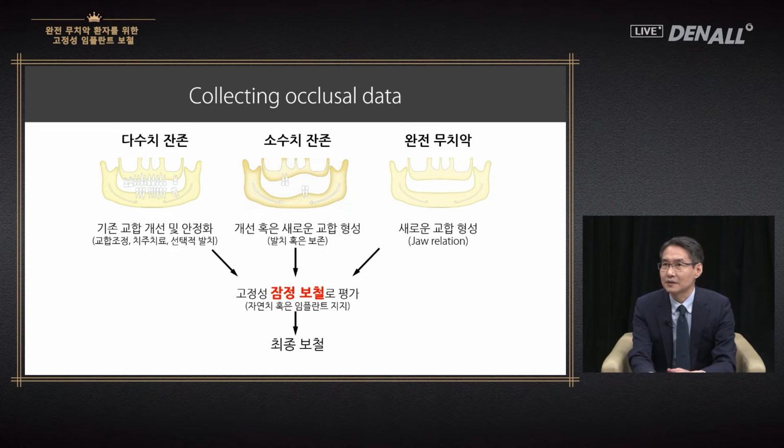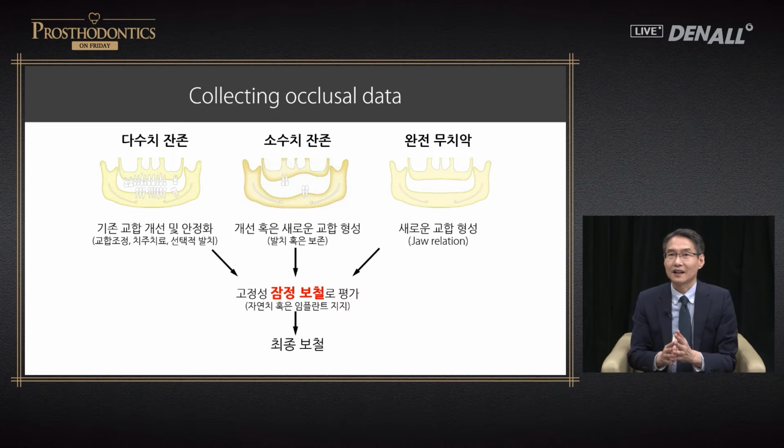If you come across an edentulous patient or borderline patients, you can divide the occlusion into 3 different categories. If there are multiple residual teeth and if the teeth can stably manage the occlusion and vertical dimension and centric position, you can maintain or slightly adjust the occlusion and provide the final prosthesis.